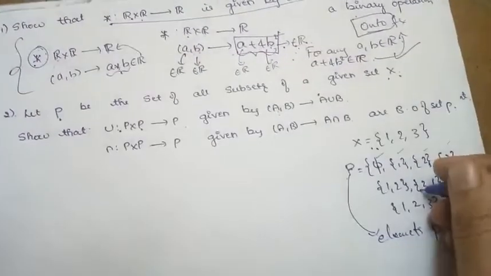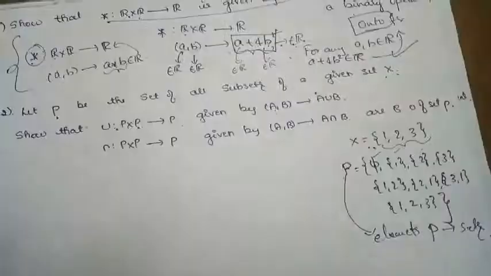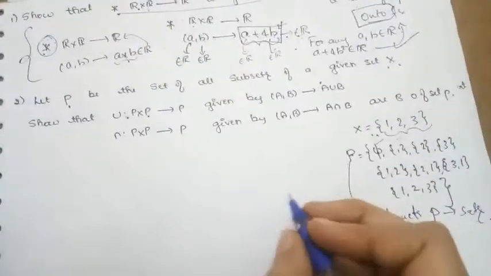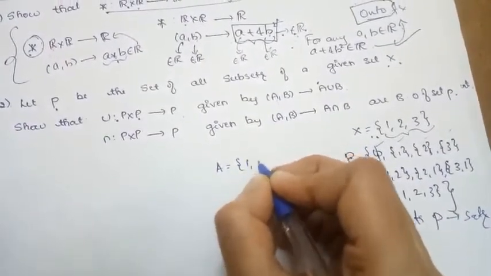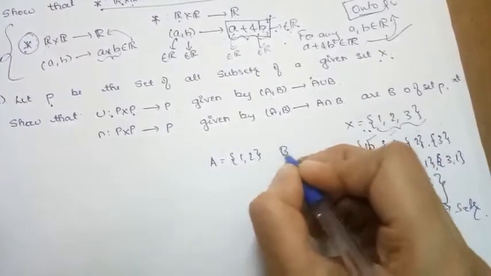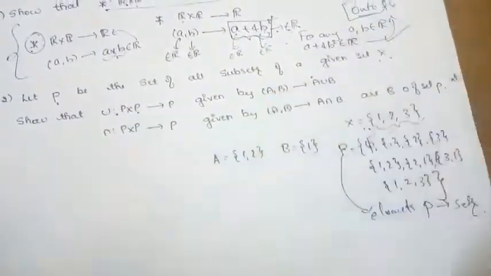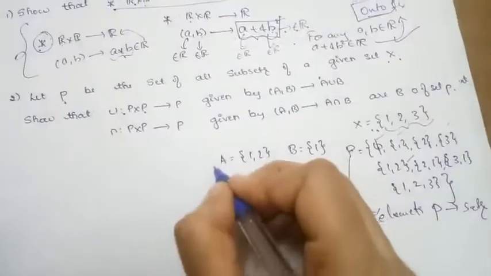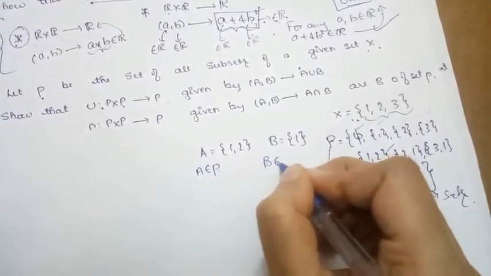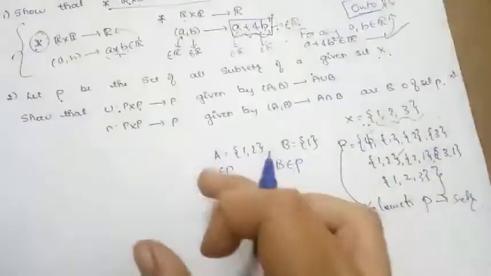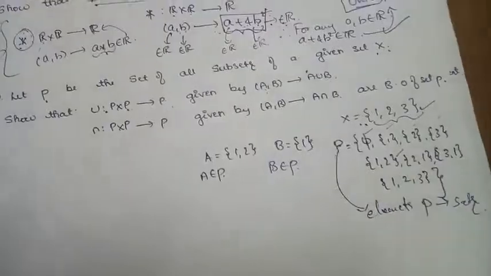It will be any one subset of the given set X. Suppose I take A as {1, 2} and B as {1}. Clearly A is one of the elements of P and B is also one of the elements of P. Clearly A and B are subsets of the given set X, right?